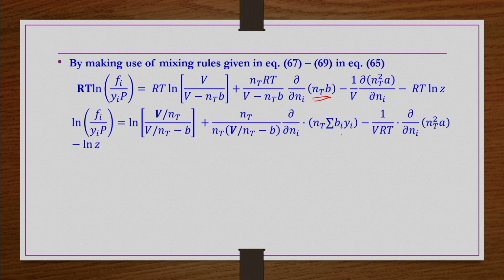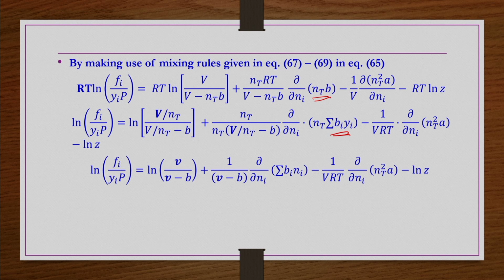In place of B, we are using the sum of y_i B_i mixing rule, and A we keep as it is. Then, wherever the capital V terms are there, in numerator and denominator I am dividing by n_T, so that there will not be any change, and wherever capital V by n_T is there, I can write it as the molar volume, small v.